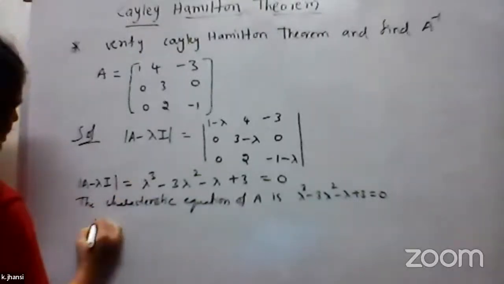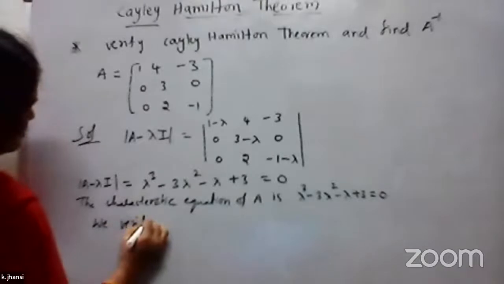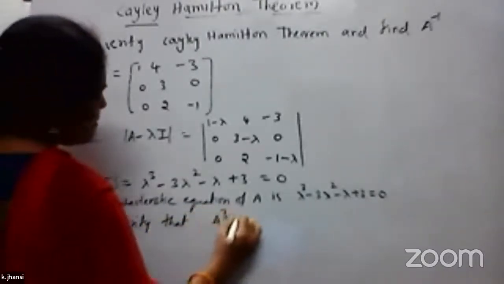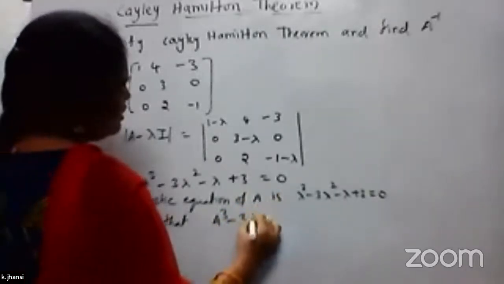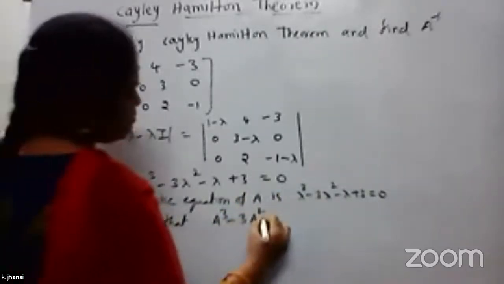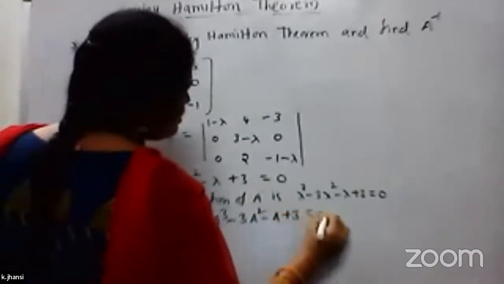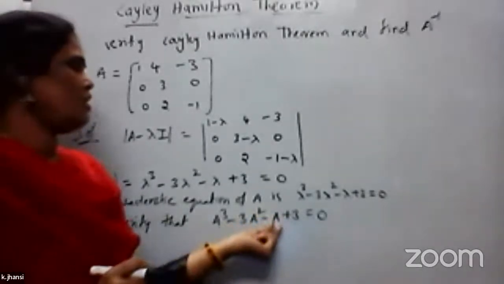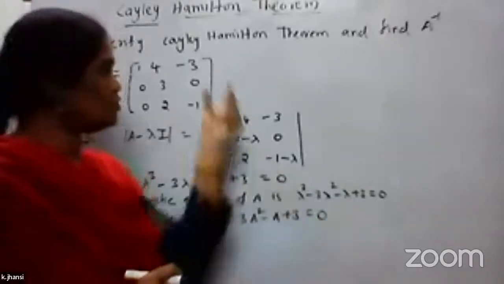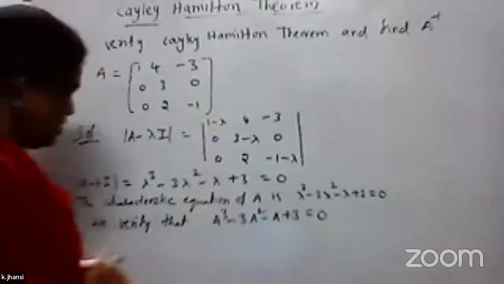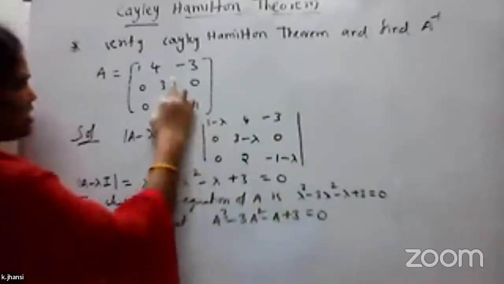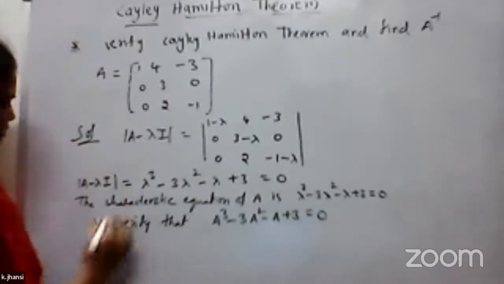So now we verify that A cube minus 3A square minus A plus 3 equals to 0, in place of lambda we are writing A. First, to verify the Cayley-Hamilton theorem, we have to find A cube value and also A square value. A is already there. Okay. So for that we need A cube.